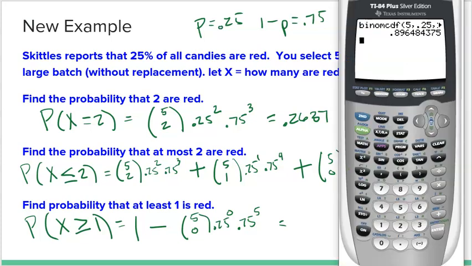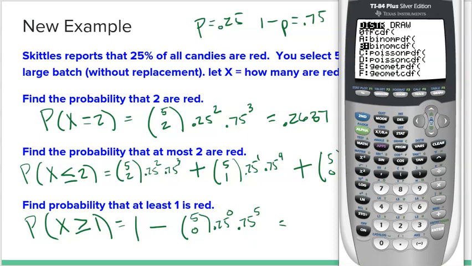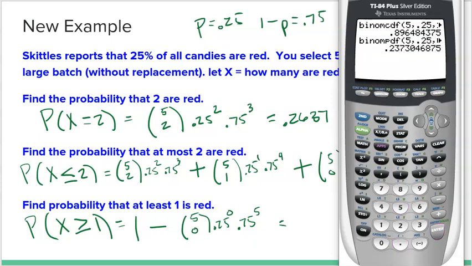So I'm going to go to my calculator and grab a binomial CDF. 5 Skittles, probability of red is 25%, and I'm looking for none that are red. Probability is 0.2373. Then I'm going to do 1 minus 0.2373. And the probability that at least one is red, the opposite of none, is 0.7627.